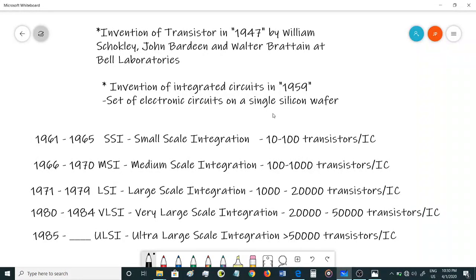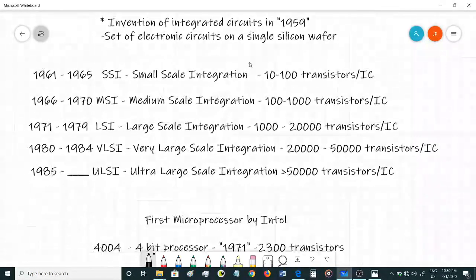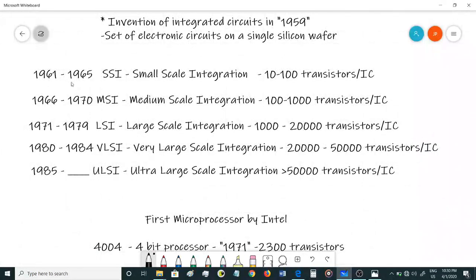So making a set of circuits on a single silicon wafer started in 1959, and then the various eras of integration are mentioned here. You can see these various eras from 1961 to 65. It is called the small scale integration, where we integrated 10 to 100 transistors per IC.